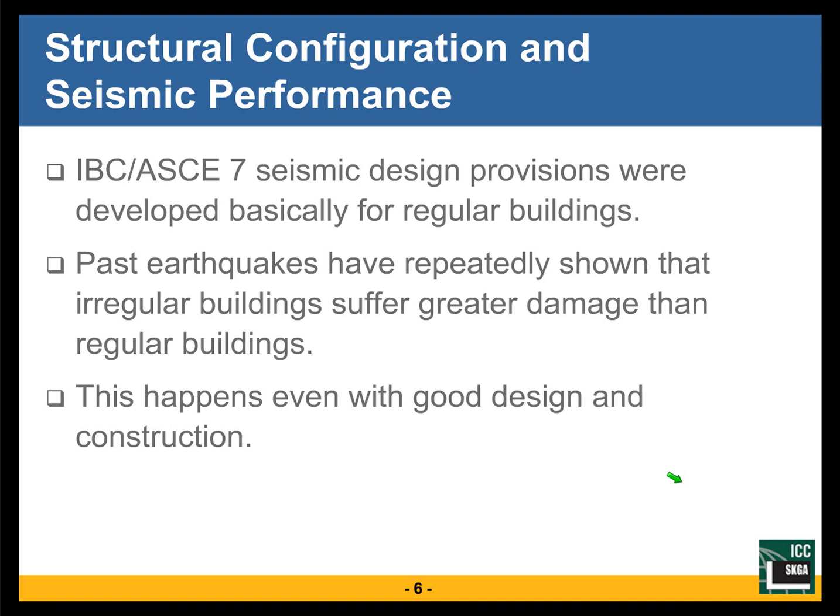We have ample records to tell us that that's the way it was. Past earthquakes have repeatedly shown that irregular buildings suffer greater damage than regular buildings, immeasurably greater. Irregular buildings have a tendency to basically attract damage to themselves.